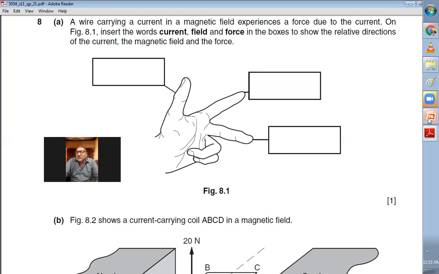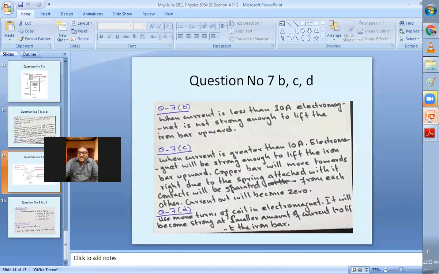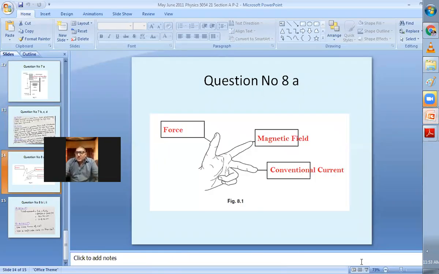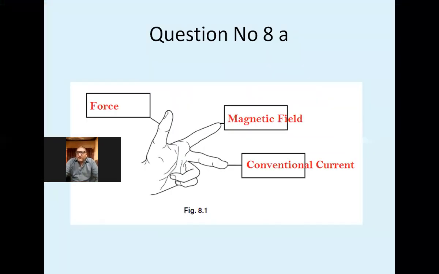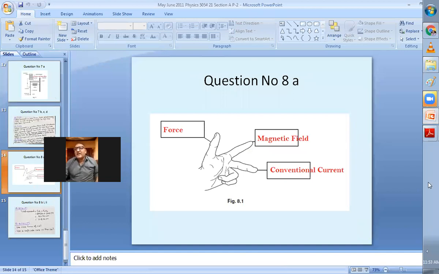I've done this on a paper for you, so you can see that. The thumb will represent the force, the index finger will represent the magnetic field, and the middle finger will represent the conventional current. So hopefully you are able to do this, and let's check the marking scheme also.